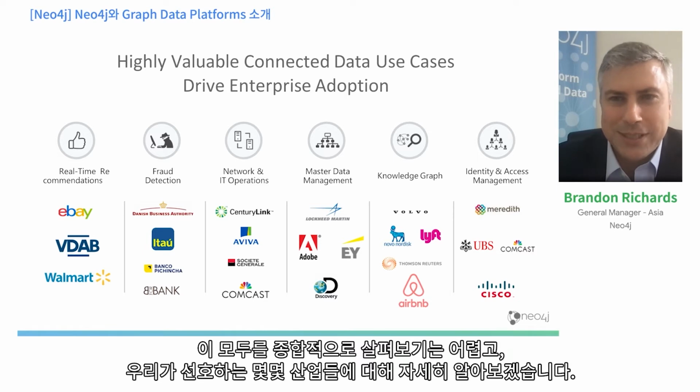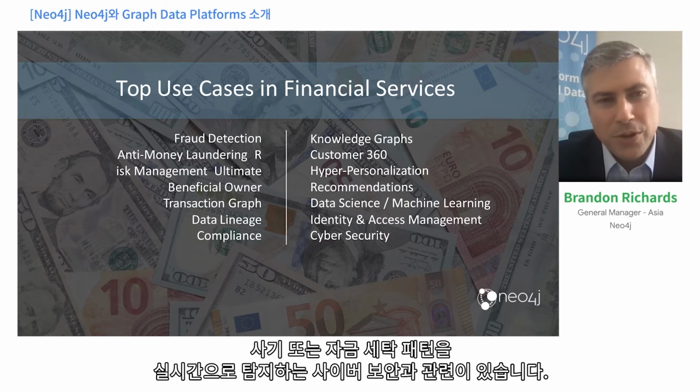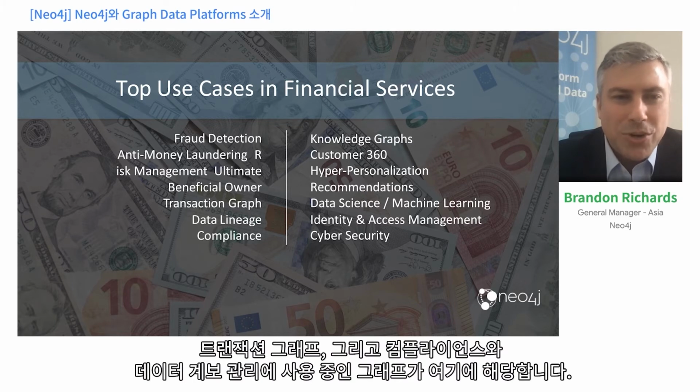If we look at the top use cases in financial services, we've got some that are around detecting fraud or money laundering patterns, even cybersecurity, where we're detecting patterns in real time, risk management and understanding things like who is the ultimate beneficial owner of a particular entity. We see things like transaction graphs and graphs being used in compliance and data lineage.